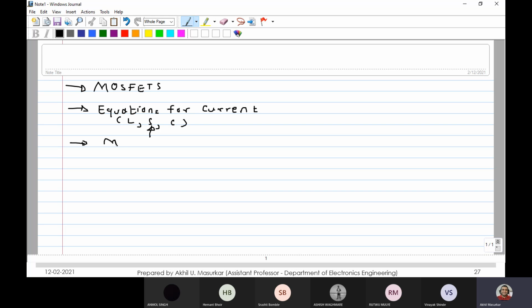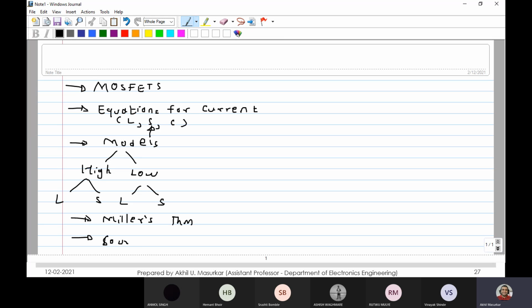Then we saw some models of the MOSFET, that is high frequency and low frequency, and in this we did large signal model and small signal model. Then we saw two theorems. One is called Miller's theorem, and the second one is the source absorption theorem.